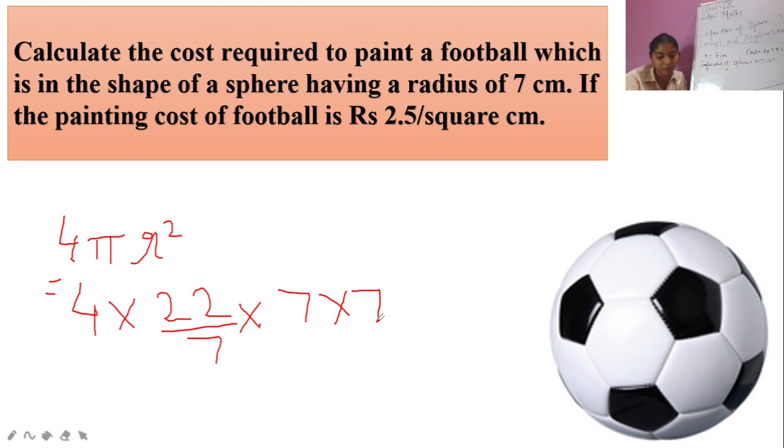So you will calculate with it. Let's see, if you cancel out all the terms, we will get 4 into 22. So please multiply and tell me the answer in centimeter square.